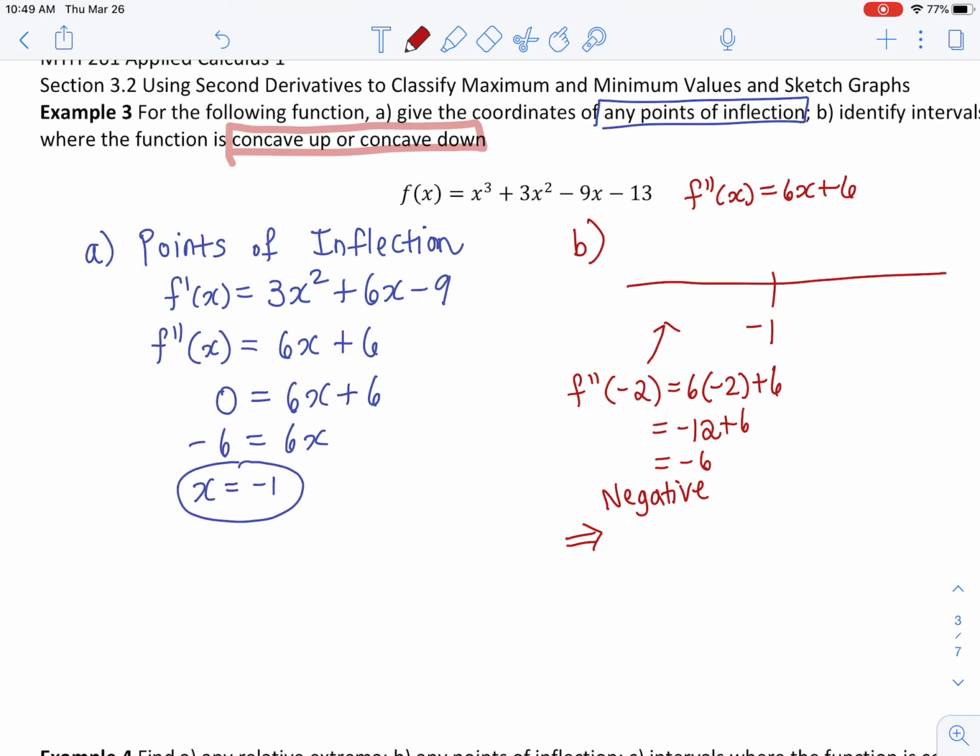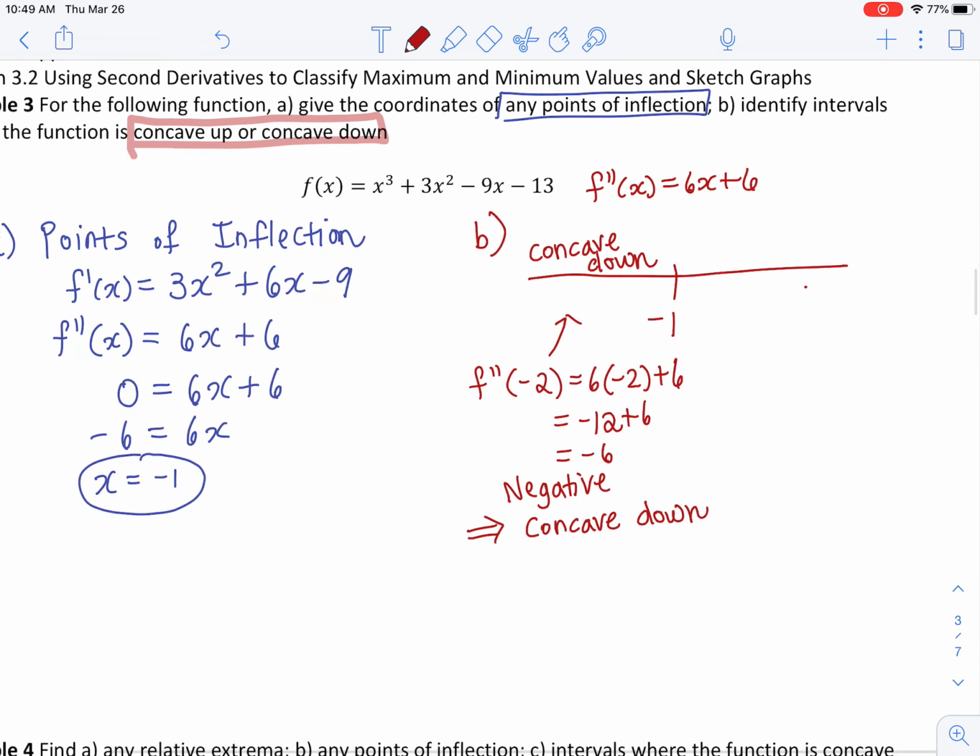If the second derivative comes out negative, what do we know? This is a section where the graph is concave down. So this is concave down to the left of -1. Now we're going to find the right side. Let's plug in f double prime of a number that's greater than -1.